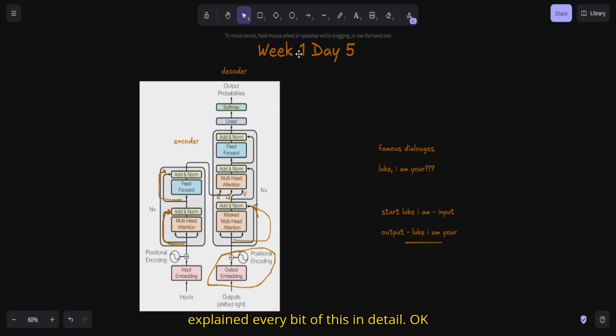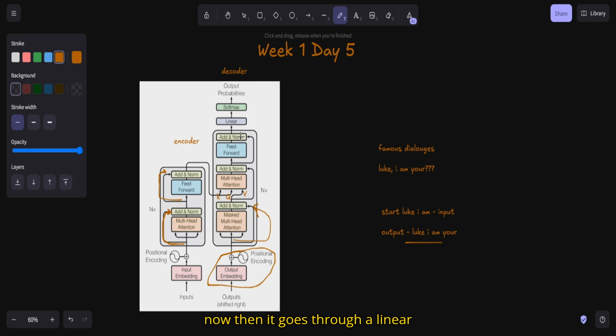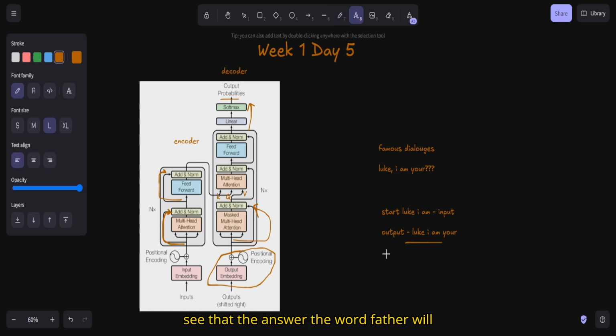As simple as that. We have explained every bit of this in detail. Now it goes through a linear layer, and then a softmax, and then we get the output probability like we discussed in feed forward. If you remember, we get the probability. So we will see that the word father will have the highest probability here.